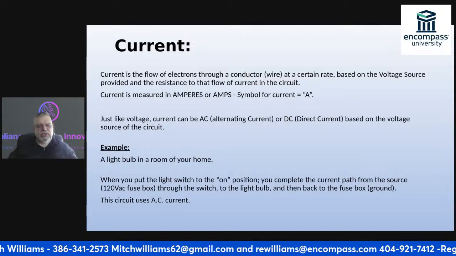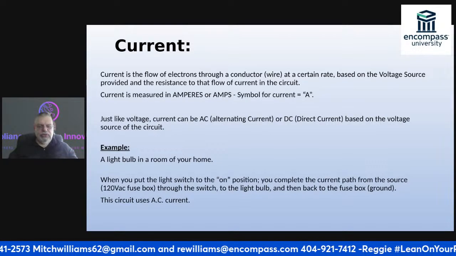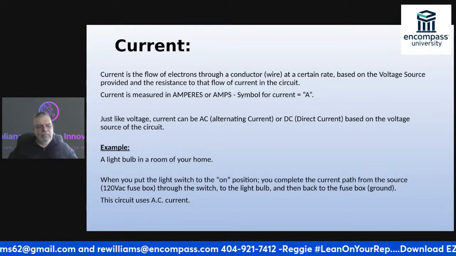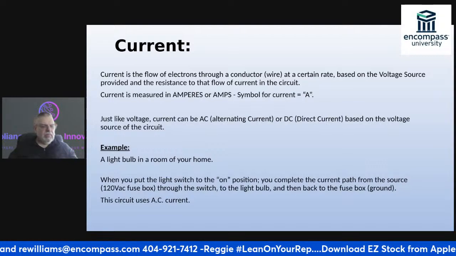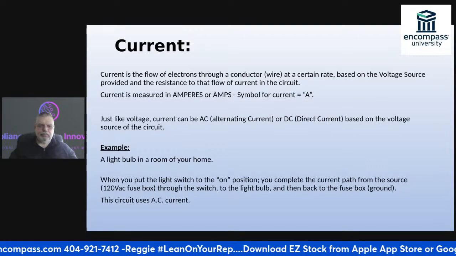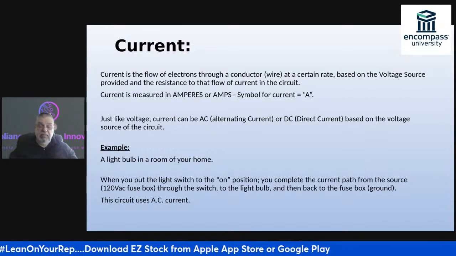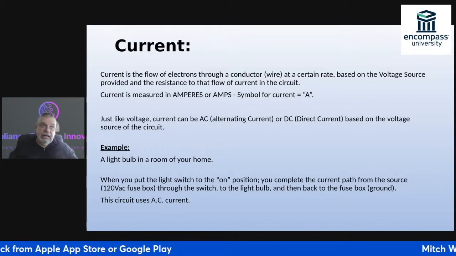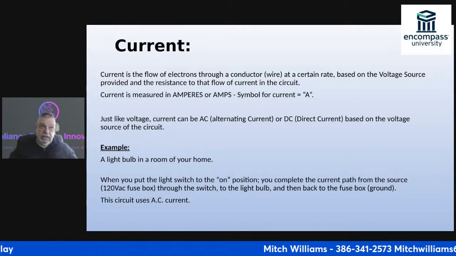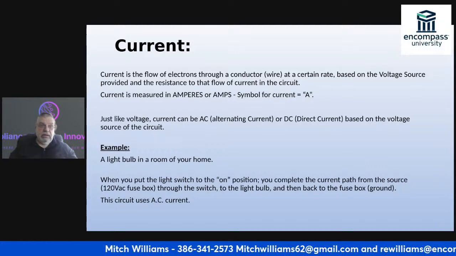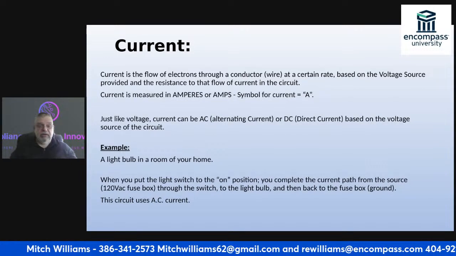Nine times out of 10 today, switches do not break the power leg; they break the neutral leg. That's something you need to remember, but you need to double check it. My house down in Daytona Beach has its switch breaking the power leg. The power leg is the one that gets broken with a switch, and that's not a good thing.